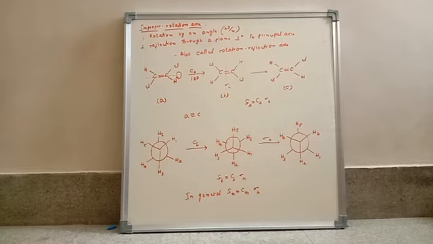For example, suppose we come to trans-dichloroethene, along the principal axis, along the C2 axis, if you give a rotation of 180 degrees, then there is an interchange of hydrogen as well as chlorine.